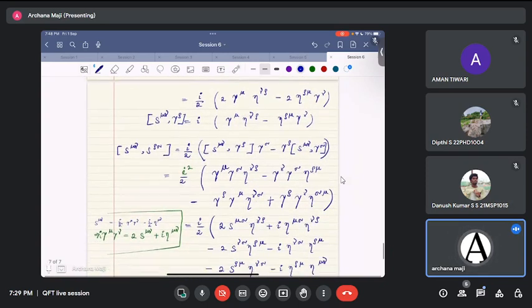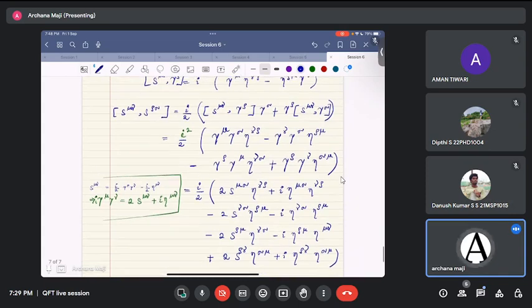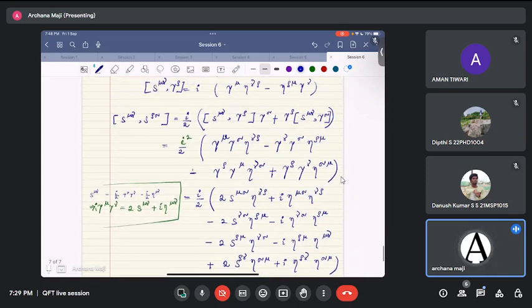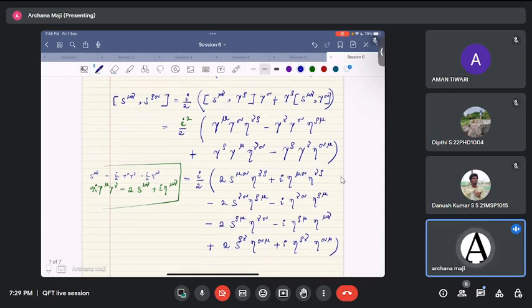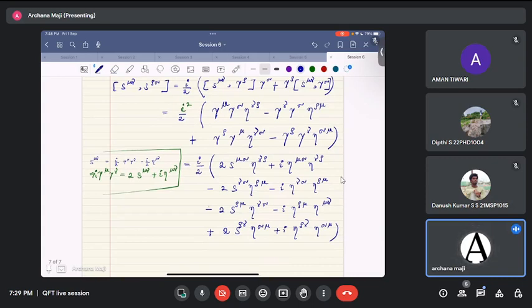So let me try to incorporate plus here, which means this is plus and that is minus. Okay, and that means the last two lines, this is plus plus and this is minus minus. Now I think it's fine.